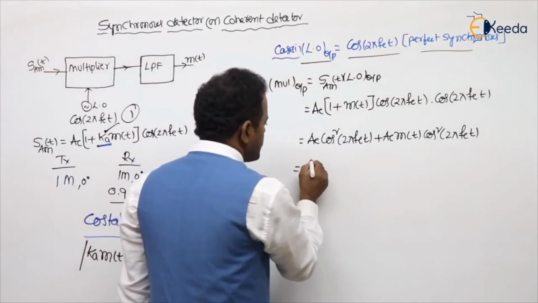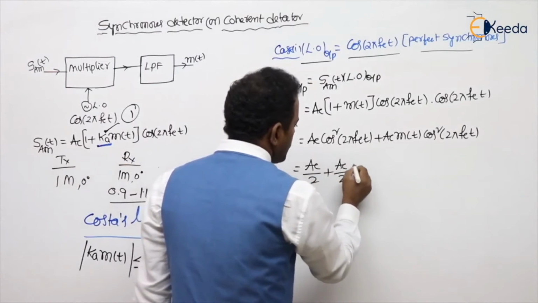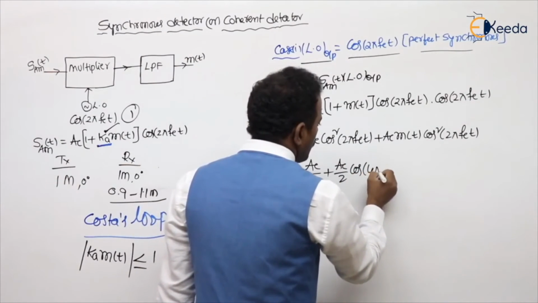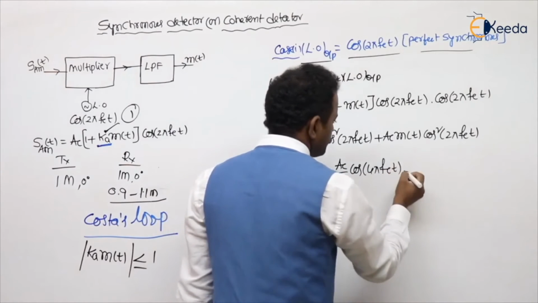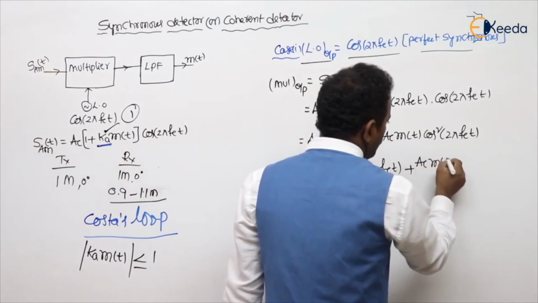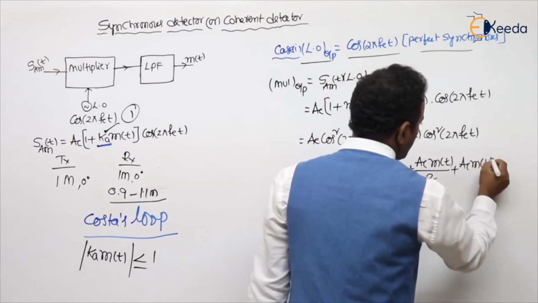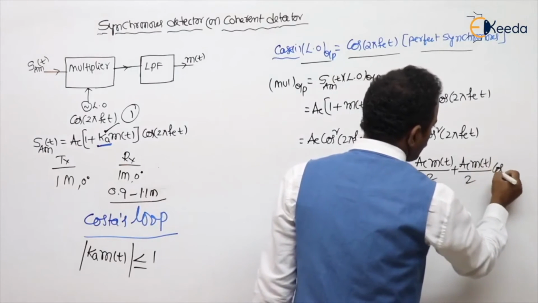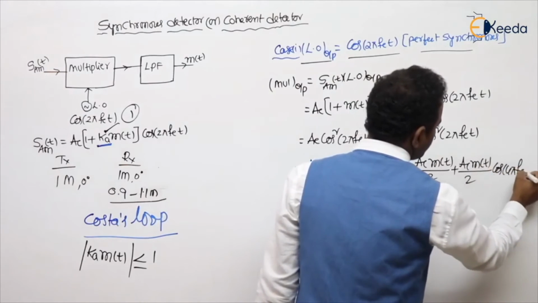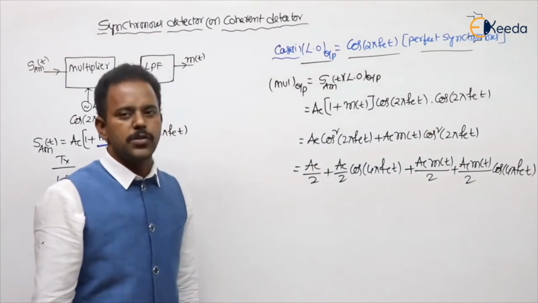So this is Ac/2 plus Ac/2 into cos 4 pi fct, plus here also Ac m(t)/2 plus Ac m(t)/2 into cos 4 pi fct.